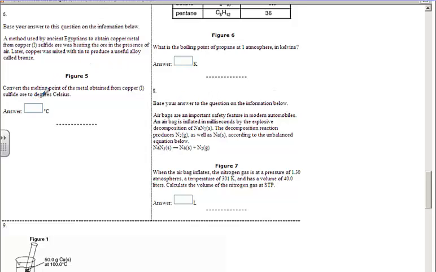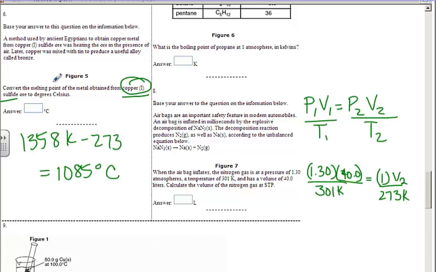Number 6 says to convert the melting point of the metal obtained from copper(I) sulfide to degrees Celsius. Well, copper(I) sulfide, what is the metal there? The copper. So what we need to do is look up the melting point of copper in our reference tables on table S, and when we look that up, it's in Kelvin, so we need to convert to degrees Celsius.